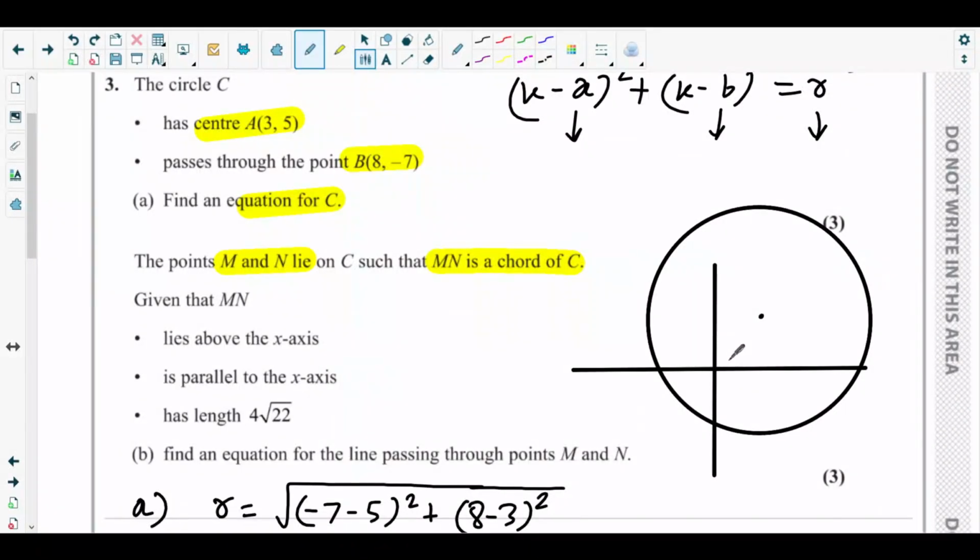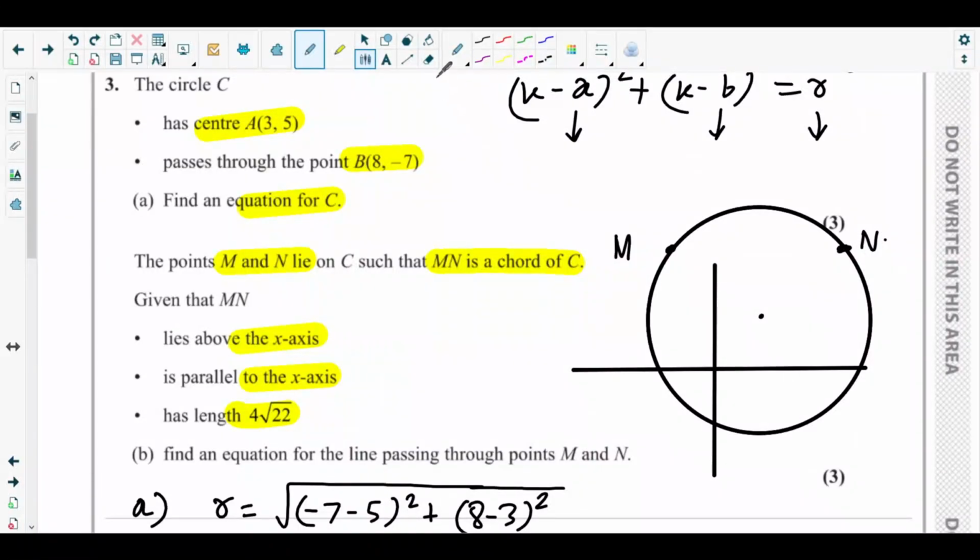Given that MN lies above the x-axis and is parallel to the x-axis, that means MN is a horizontal chord. It has length 4 square root of 22 units. Since it's above the x-axis, we can consider point M is here and point N is here.